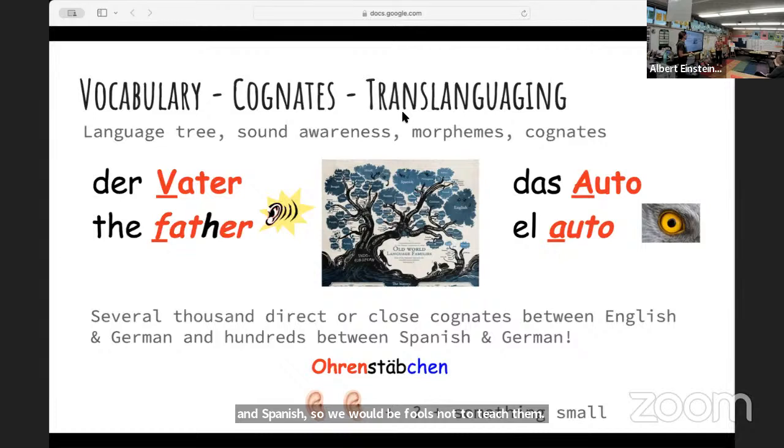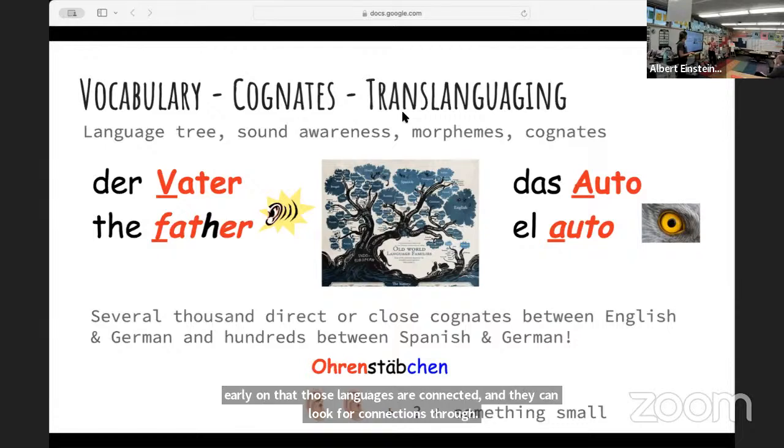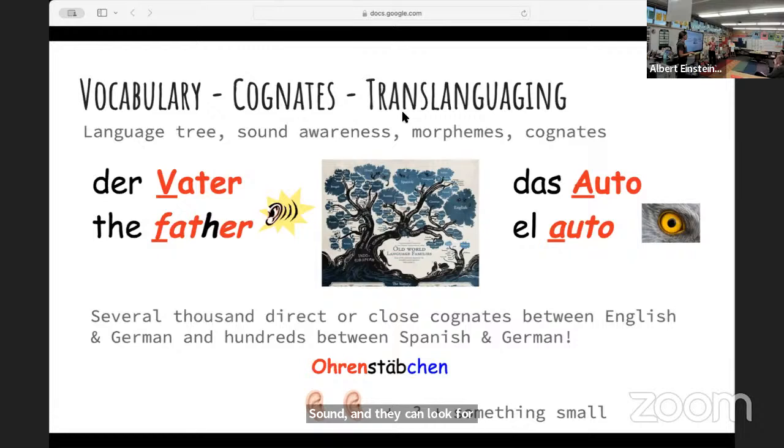And they can look for connections through sound, and they can look for connections visually. And so when we're seeing der Vater, maybe I have a picture of something next to it, and I see the father, I can see that even though it's a different letter, the sound is the same, and there's only one letter that is different in the capital.